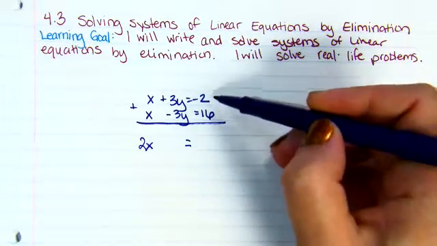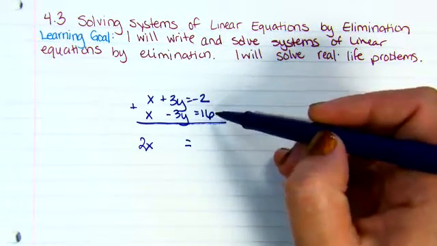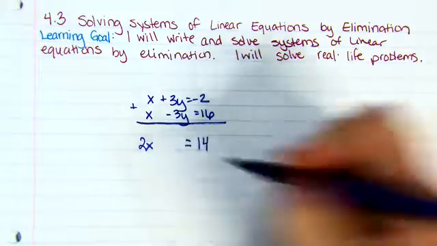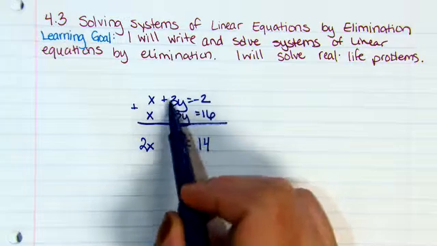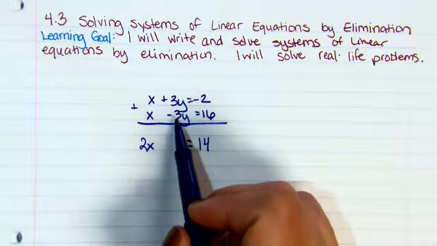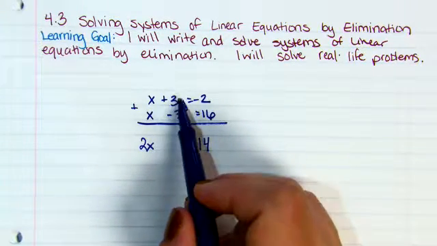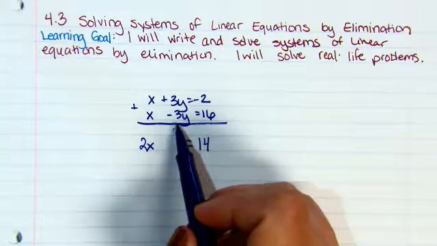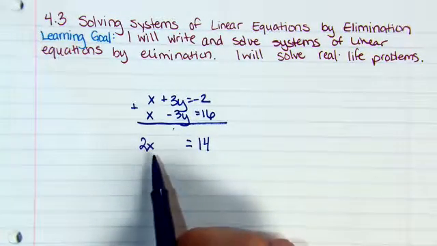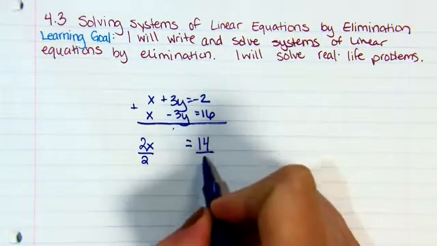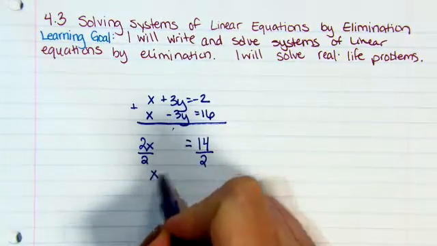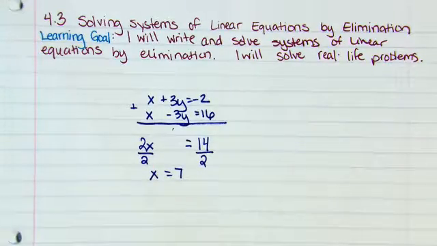And on the right-hand side, I have -2 plus 16, and I get 14. So I eliminated the y's. They had opposite coefficients, so when I added the two equations together, they made 0. Now I just have 2x equals 14. I can solve really easily for x by dividing by 2, and I get x equals 7.